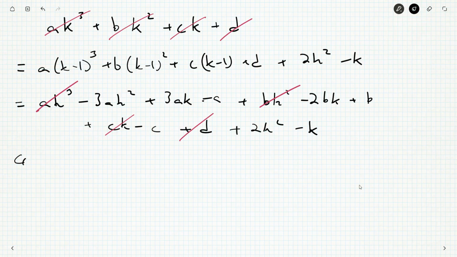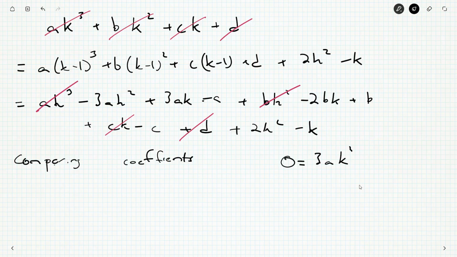So comparing coefficients, we know 0 is going to be, I'm going to divide everything by negative 1 just so I have a positive leading term. So there's my only k squareds. Oh, no. Never mind. I'd have more than just that.